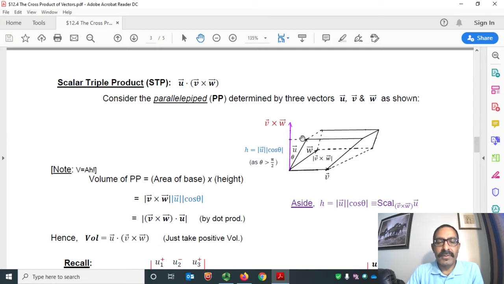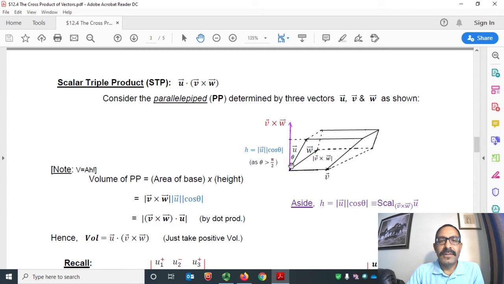Now we are talking about finding the volume of this parallelepiped. First we know the area, which is the magnitude of v cross w. Now let's find the height. The height is given by this here, which is simply the scalar projection of u onto v cross w, which happens to be the magnitude of u cosine theta, where theta is the angle between u and v cross w.